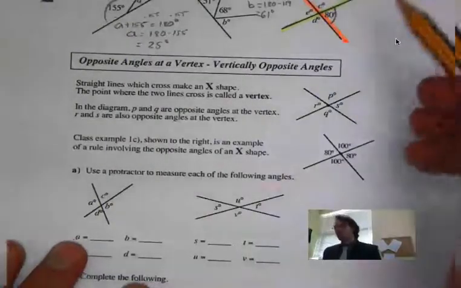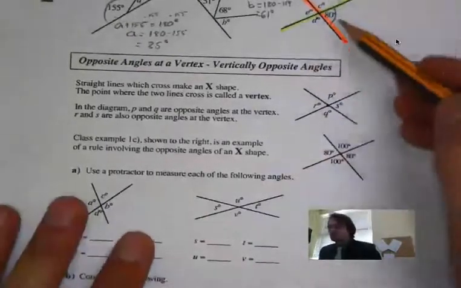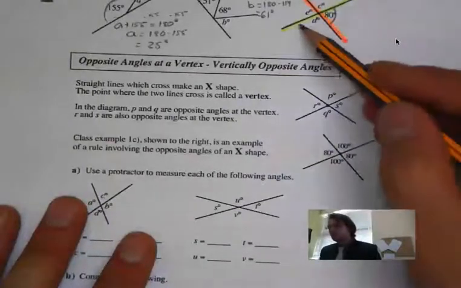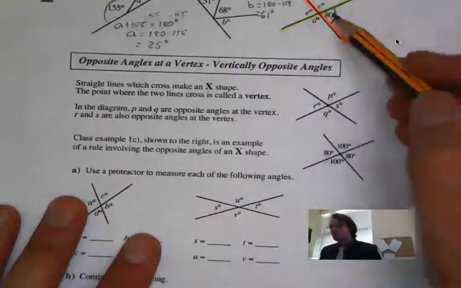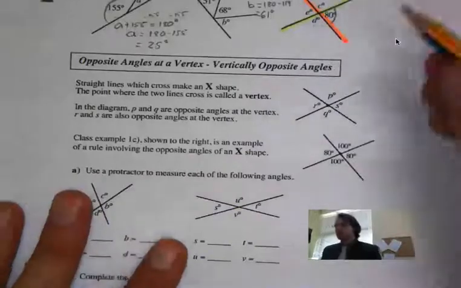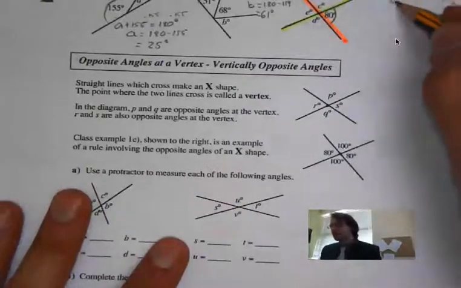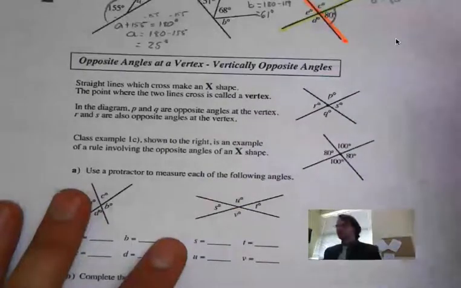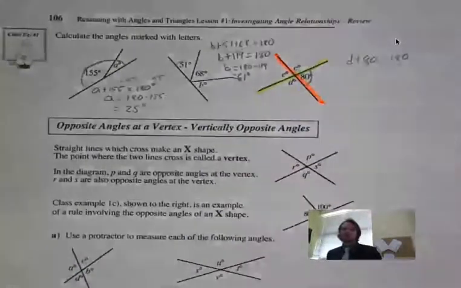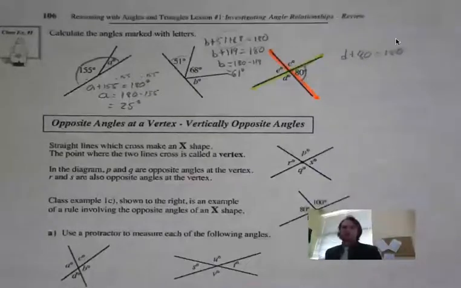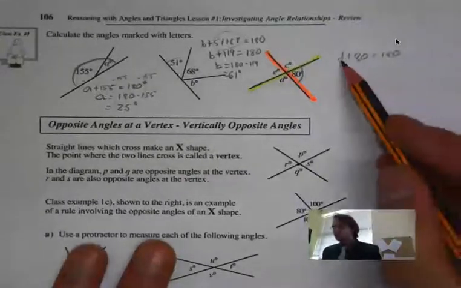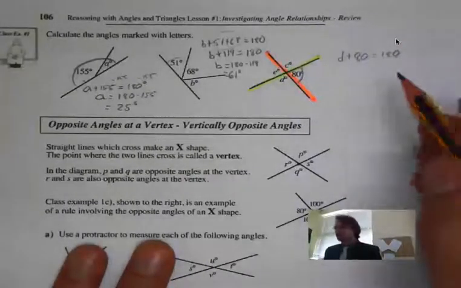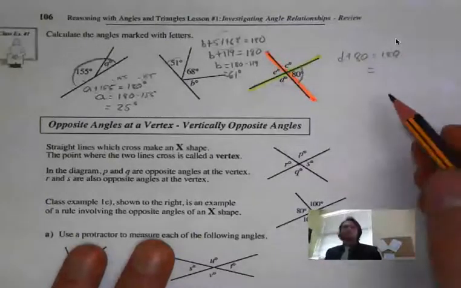This 80 is what I know. So I can look at the green or orange. If I'm looking at the 80 and I want to look at the green, 80 plus D is equal to 180. So D plus 80 is equal to 180 degrees. Now, let's continue this.